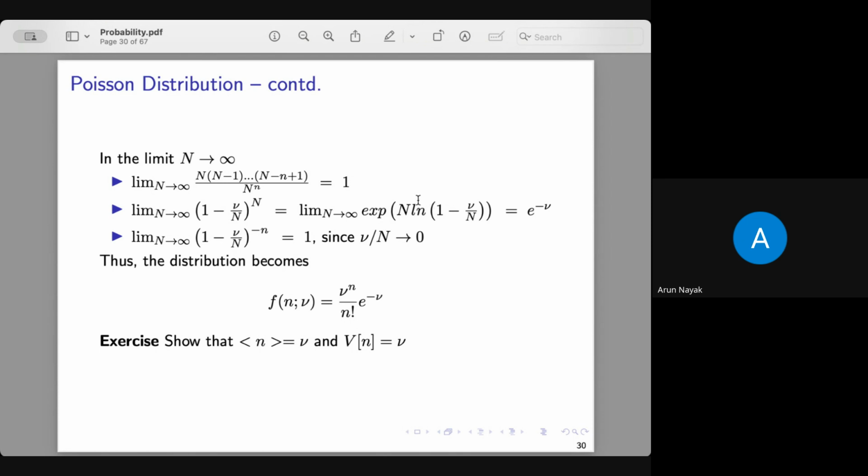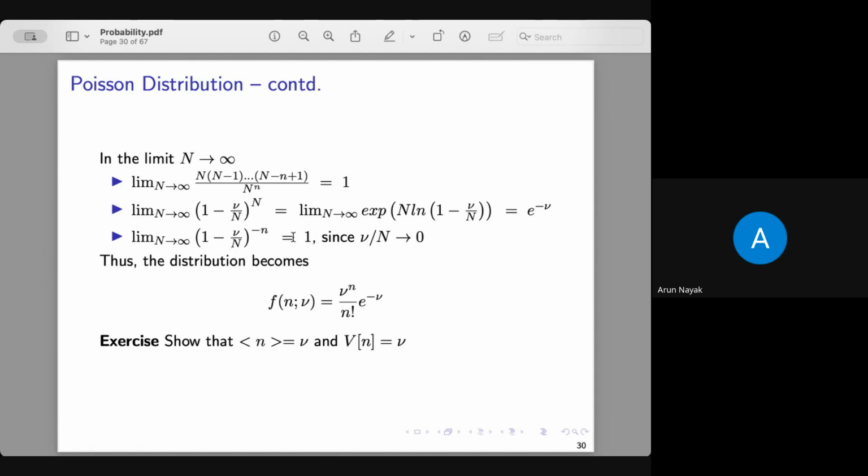Since nu by N is very small, that is p is very small, you can neglect the higher terms in the series, and it will come out to be e to the minus nu. The third term, since p is very small and small n is not that large, will become 1.